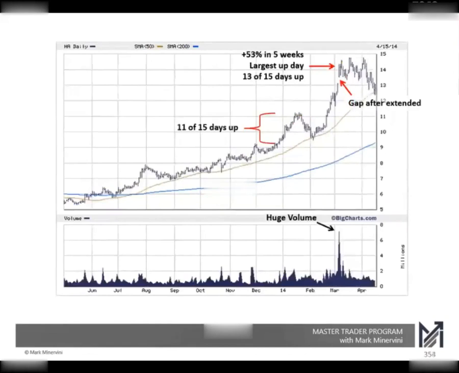Go ahead, Mark. Dave, let me just add one more thing, because I've been in some of these throughout my career going through this great gain. Let me put you into the mindset of what you're thinking about. If you're in one of these things that is going through a climactic run, what starts happening is every day you wake up and you're expecting the stock to be up. The other thing you're thinking about is that this is the greatest business in the world and I'm making so much money.